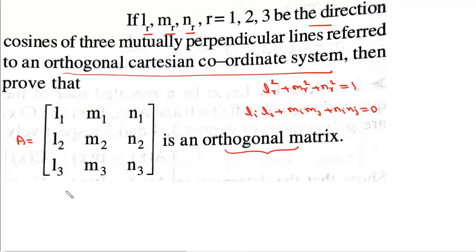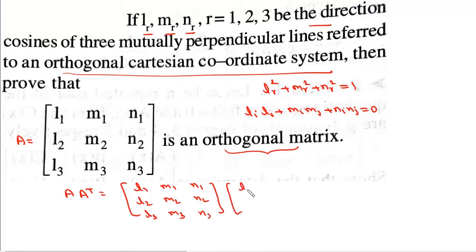Now if we multiply A with A transpose, we can write this as L1 M1 N1, L2 M2 N2, and L3 M3 N3, into their transpose, which will be L1 M1 N1, L2 M2 N2, and L3 M3 N3.